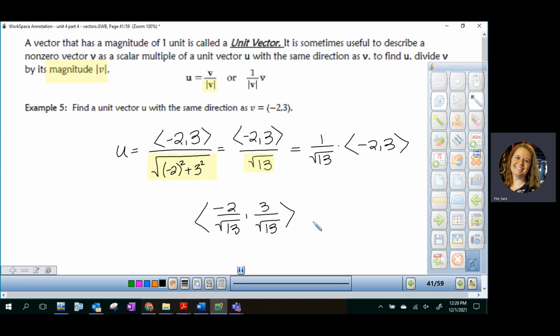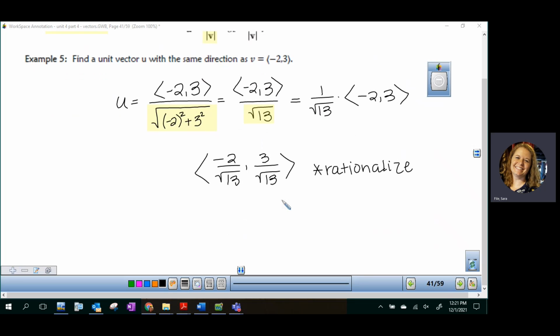We don't typically leave answers with radicals in the denominator, so I'm going to rationalize it. Just one little quick extra step. Y'all know how to rationalize, right? So what would this become? Over 13.